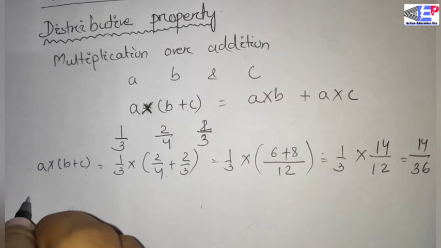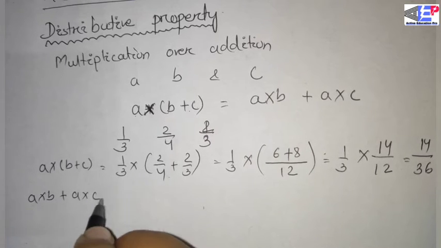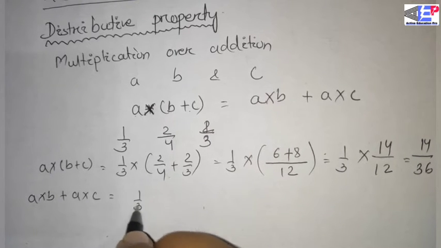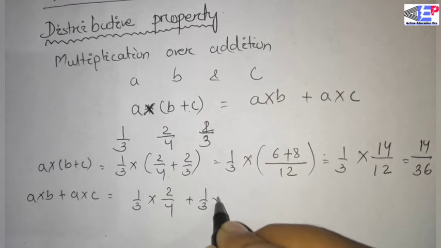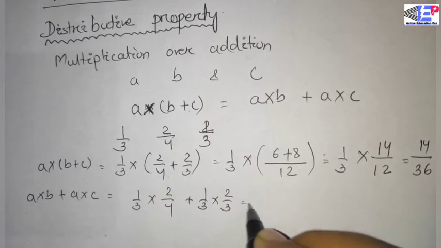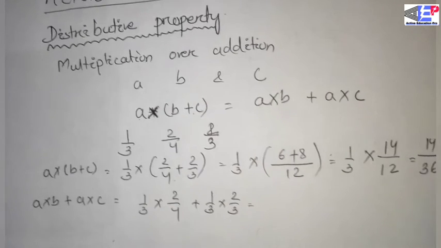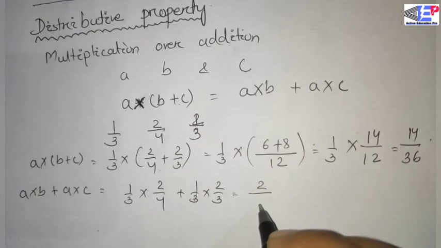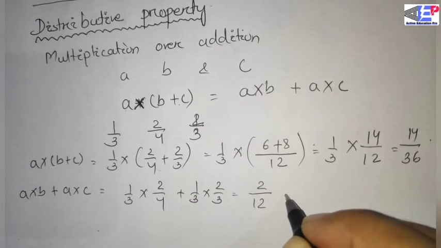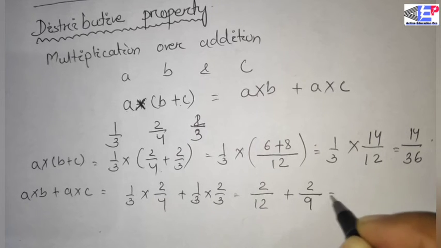Then check the right side: A cross B plus A cross C. 1 by 3 into 2 by 4 plus 1 by 3 into 2 by 3. First solve this part: 1 times 2 is 2, 3 times 4 is 12, plus 1 times 2 is 2, 3 times 3 is 9.